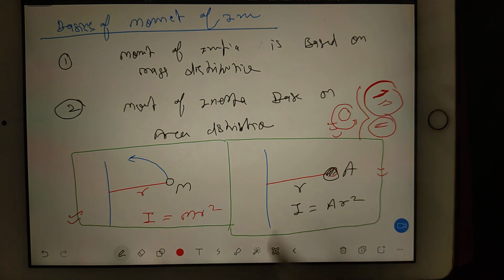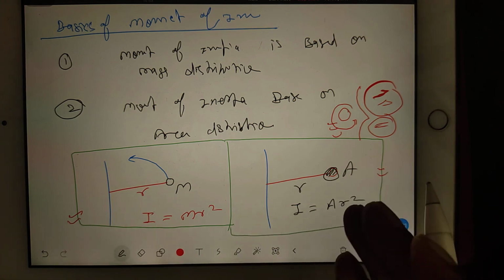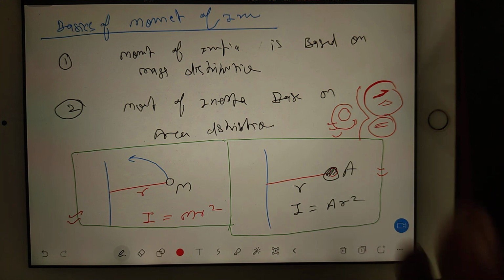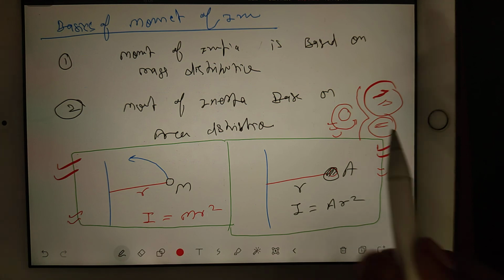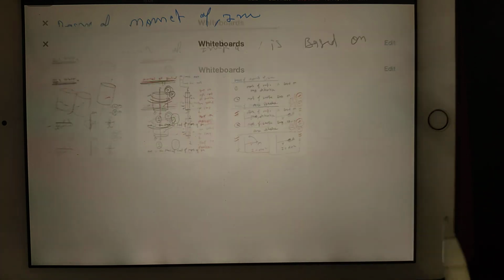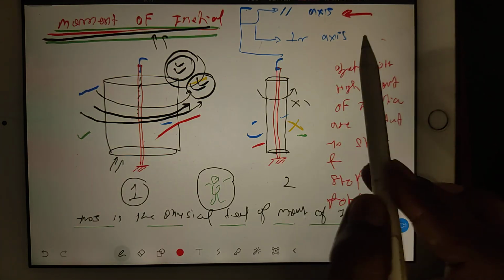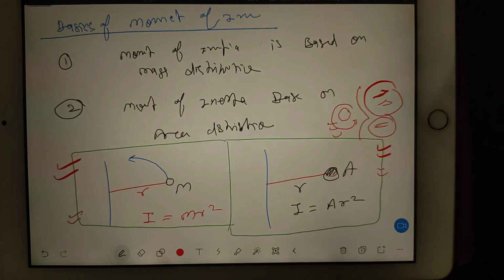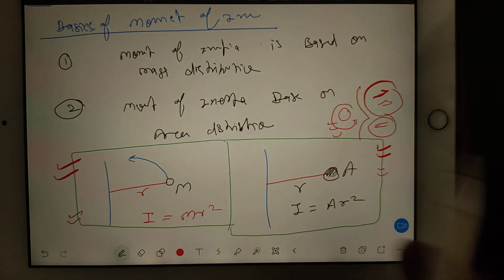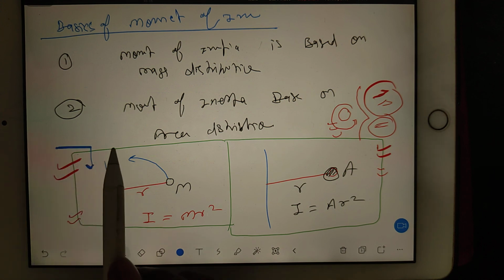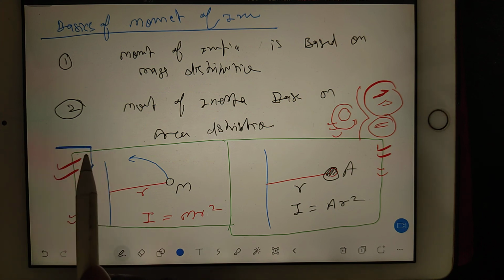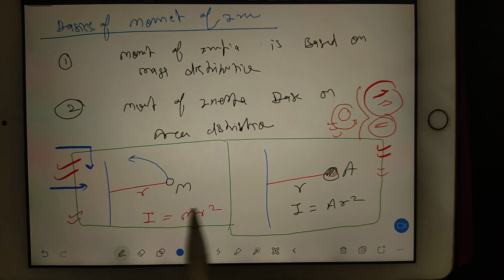According to the use, we will use our moment of inertia concept. But in both cases, the main concept of the two theorems I started discussing, parallel and perpendicular, is the same. So I am going to take moment of inertia as designed for 11th class mechanics, which is based on mass.